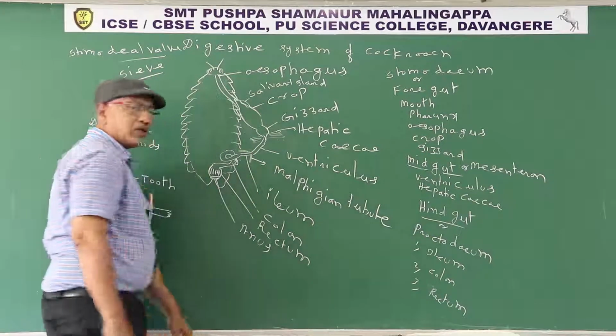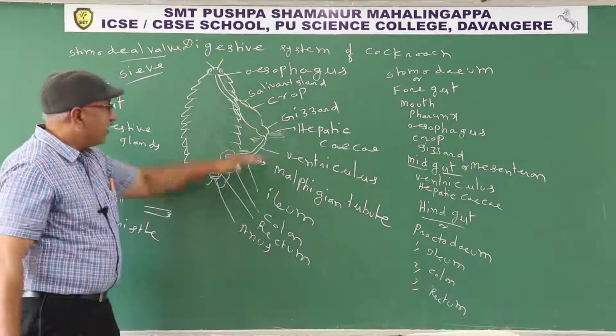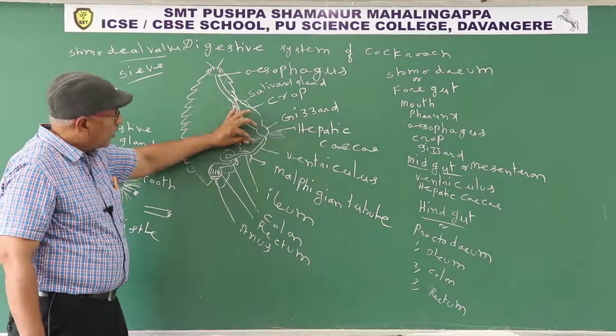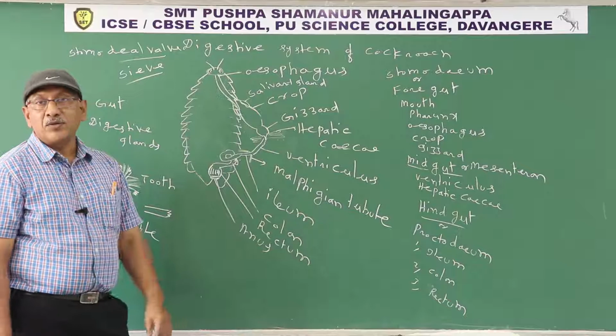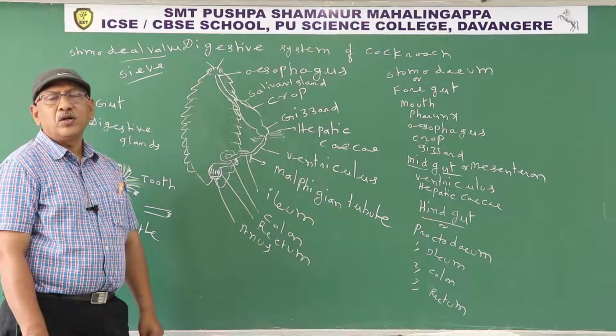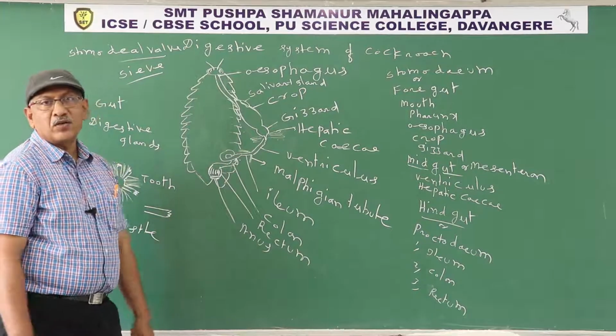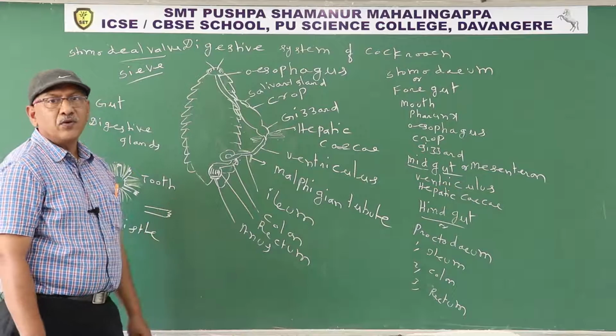Next one, ventriculus. The ventriculus is a narrow tube-like structure. The anterior half is secretory and the posterior half is absorptive. This means the anterior part of the ventriculus releases digestive juice containing digestive enzymes, and the posterior part absorbs the digested food.